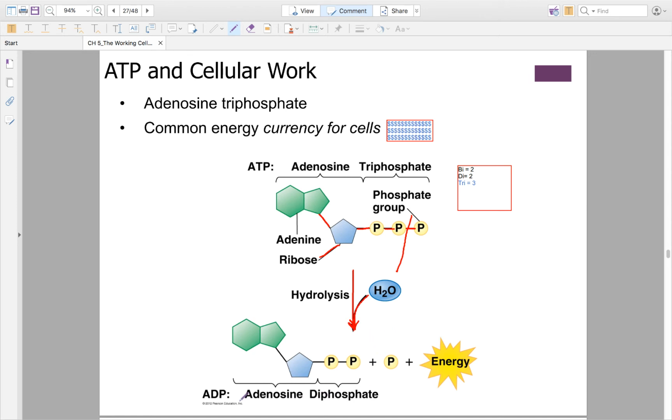And notice this, when it does so, the phosphate is not destroyed. The energy is released and utilized, but the phosphate is not completely destroyed. In fact, it makes this temporary molecule called adenosine diphosphate, di, 1, 2, plus inorganic phosphate. It's referred to as ADP, and this is cyclical. All right, so that's ATP.